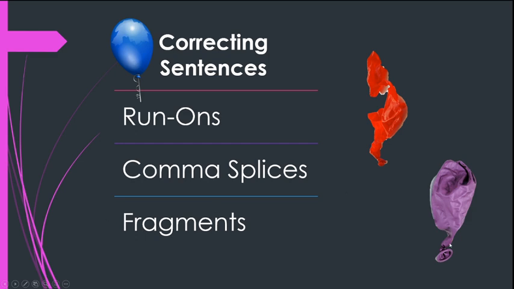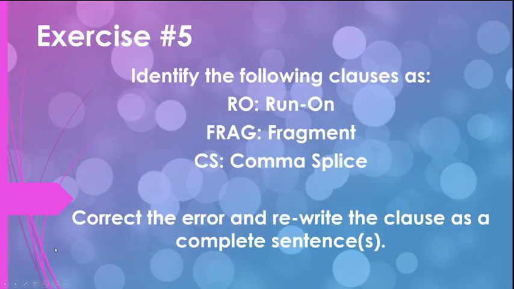That's why we have this deflated balloon over here. This one had blown up because it had too much information. We have this deflated balloon here because it's missing something. So to fix a fragment, you figure out what's missing. If it says, although the man, here it only has a subject, but it doesn't have a main idea and it doesn't have a verb. Okay, so those two elements would be missing. You would have to correct those.